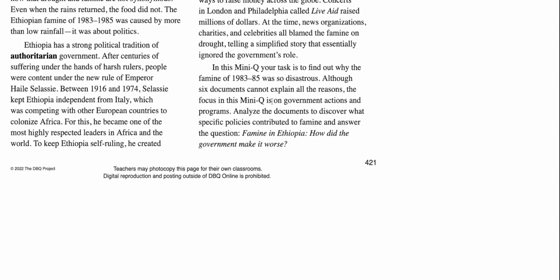So, for example, government actions. What are those actions? Those can be separated into buckets. Government programs could be separated into buckets. And the focus is on how the government's actions and the government's programs contributed to the famine.